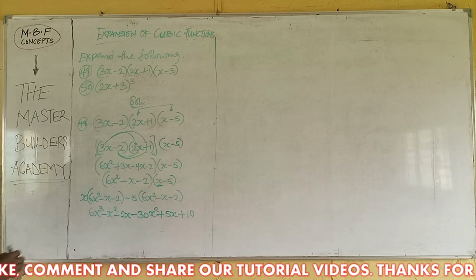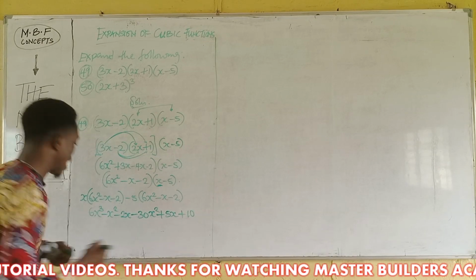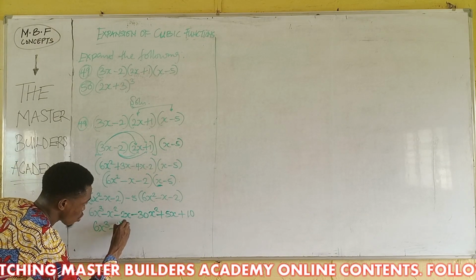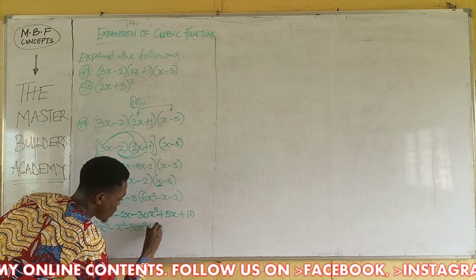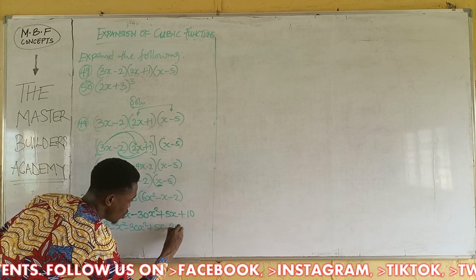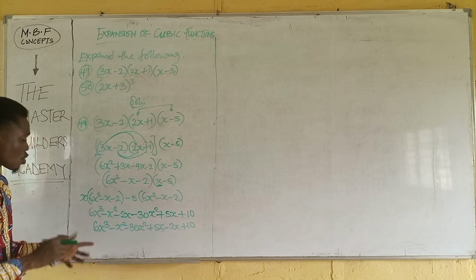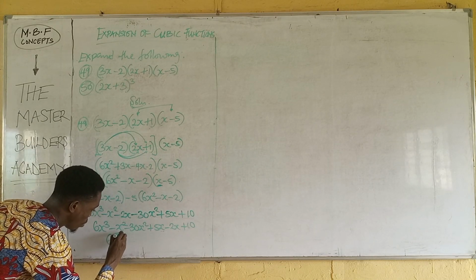Now, at this point, all we just need to do is to see the ones that are like and collate them together. Now, I'm going to have 6x cubed minus x squared minus 30x squared, then plus 5x minus 2x plus 10, in descending order. So now, the 6x cubed has no second term, so we have put it down.